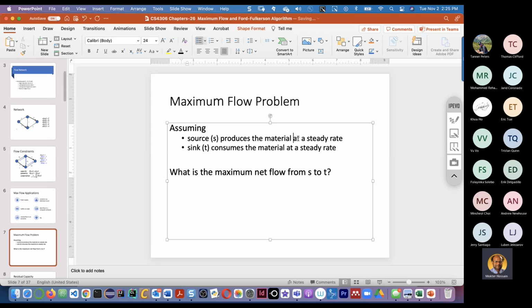That means whatever rate the source produces, the sink will consume at that rate. Both of them will be at a steady rate. That means at any point, whatever they receive, they will pass on.